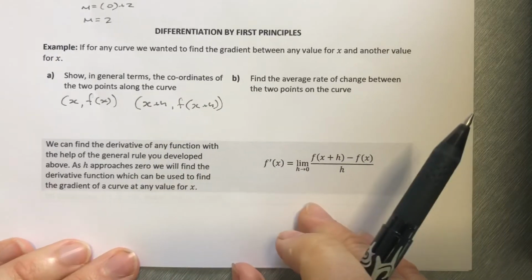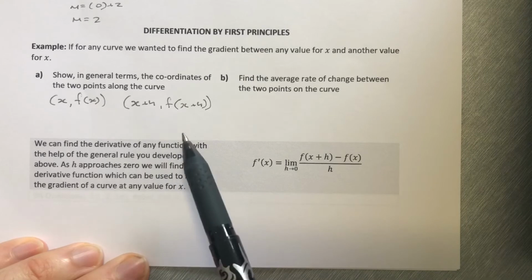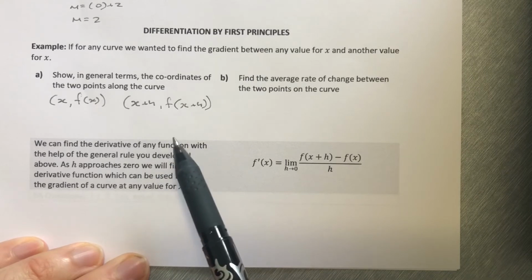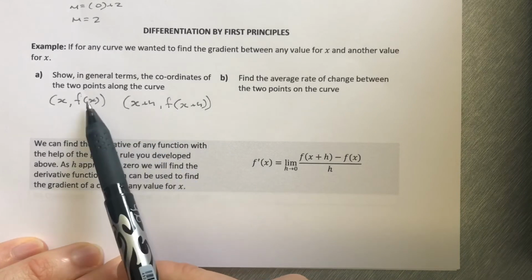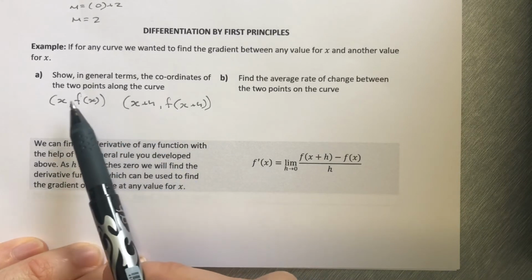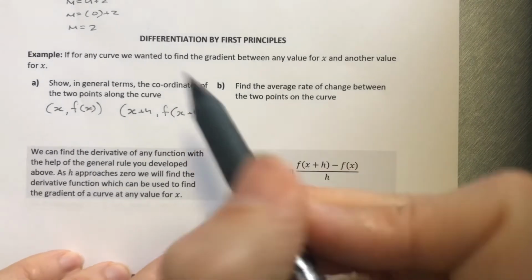Now b is asking us to find the average rate of change between these 2 points here. We know how to do that. We've already done it a couple of times. We're going to use that gradient formula. So here's my y2, y1, x2, x1. Let's put them into that formula and see what we get.